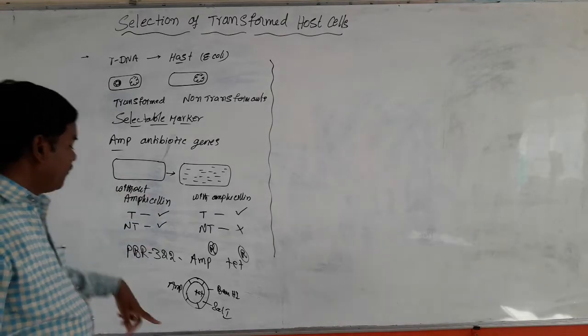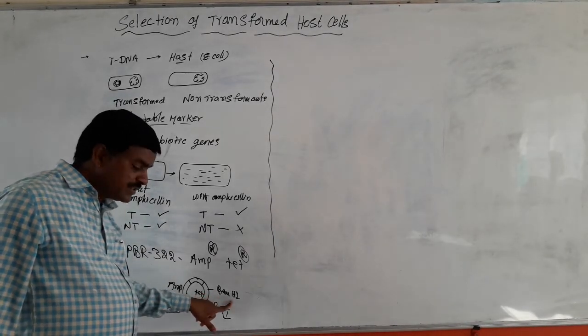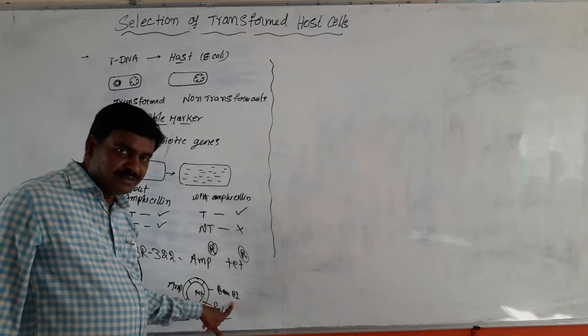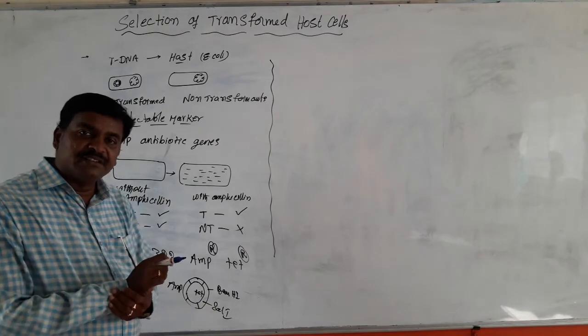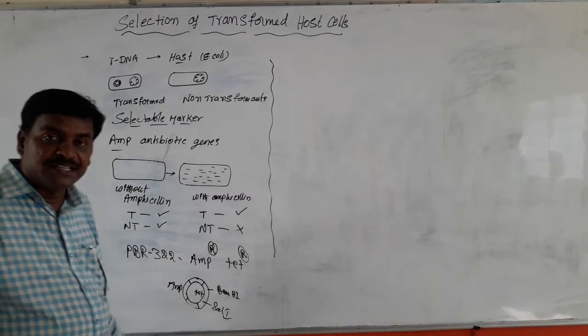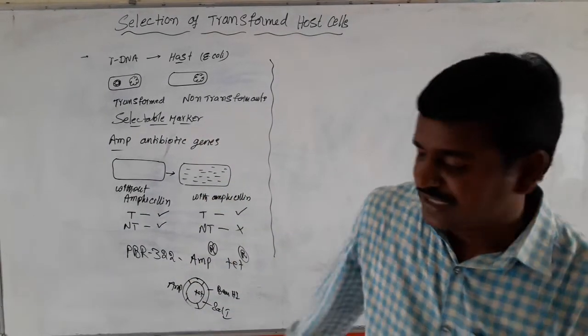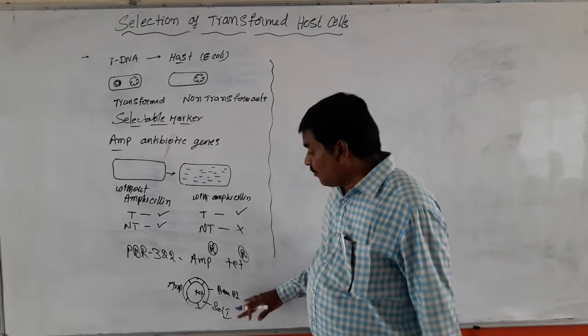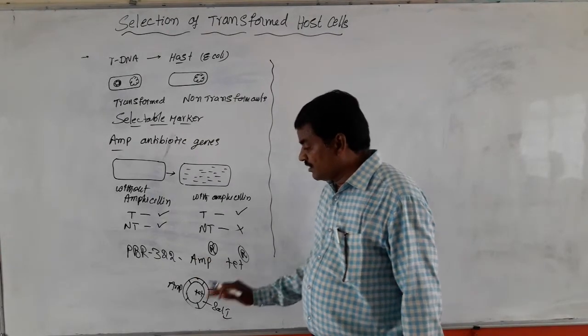When the gene of interest is inserted into the tetracycline region by using BamHI restriction enzyme, automatically the tetracycline gene will be inactivated. In this situation, the second marker, that is ampicillin, is used for the selection of transformed cells. So one is inactivated and the other one is used as marker.